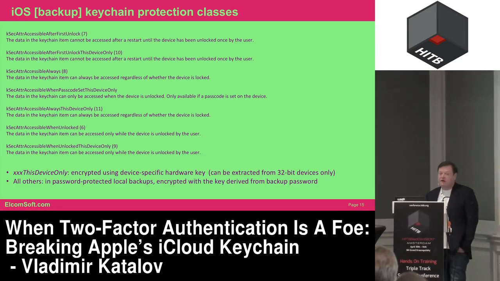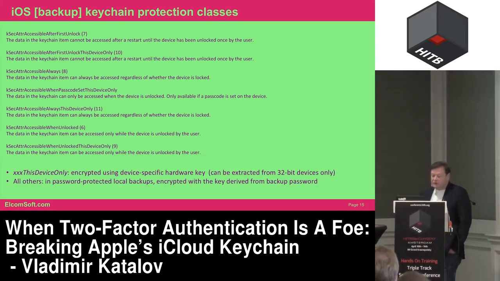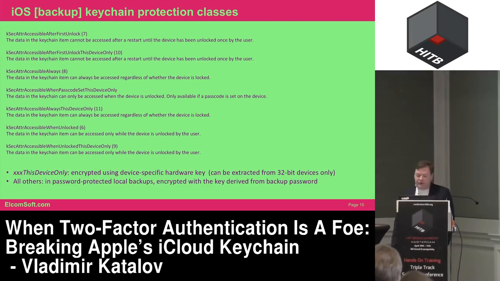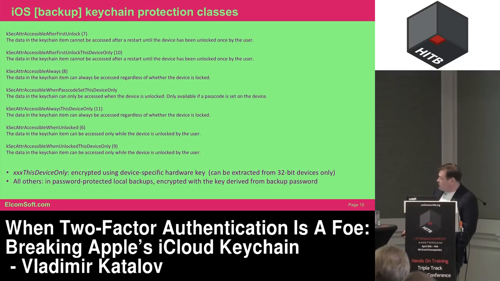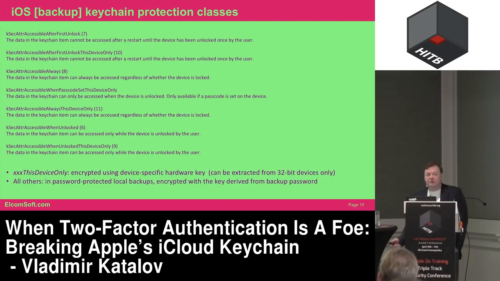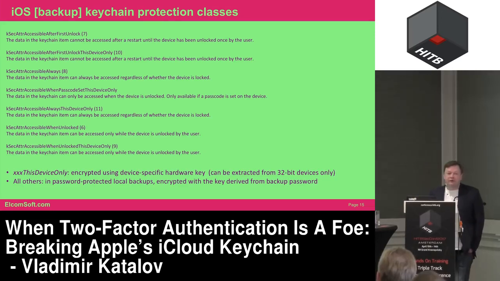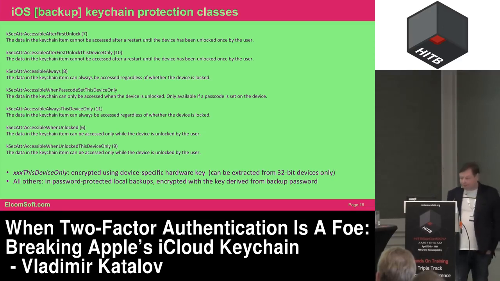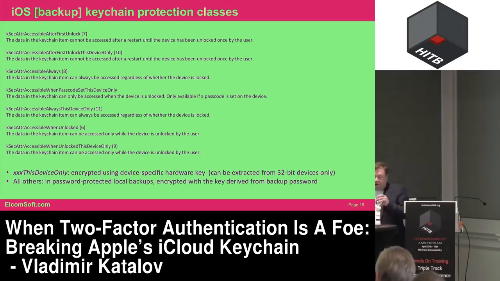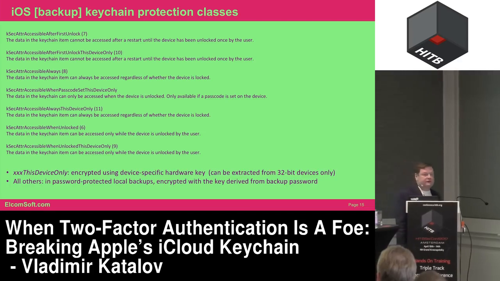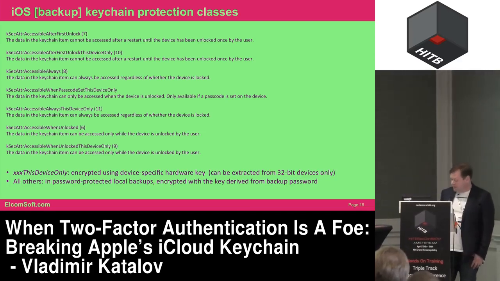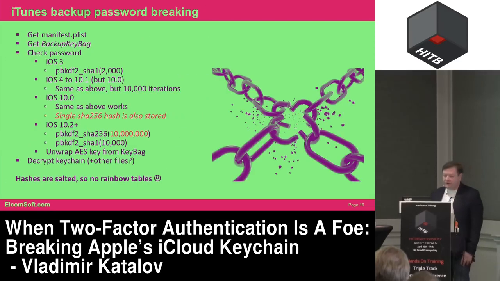If it is completely, I would say, private, he sets one of the attributes that includes this device only, and then this data can be decrypted only by exactly the same device. And if you restore from backup to the other device, the data will not be decrypted there. And that happens, for example, when you restore your iPhone from the iCloud backup, and you find that you have to enter all the passwords to mail accounts, Wi-Fi, and everything else again one more time, because they're not being decrypted on the different device.